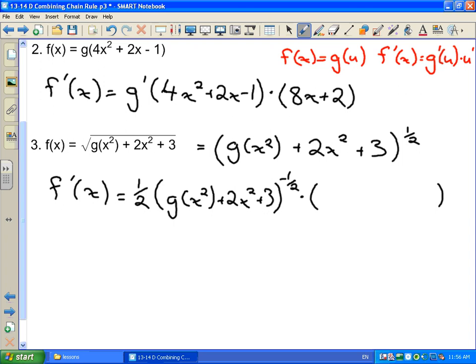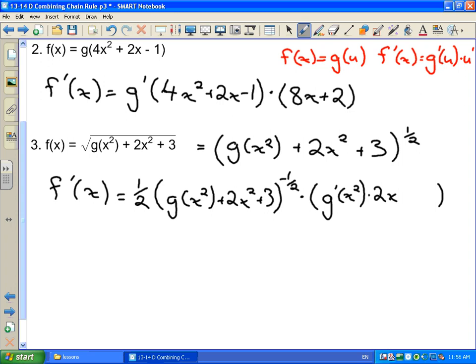To get that derivative, we need to use the chain rule because it's actually a composite function. So we can do that as g primed at x squared times the derivative of our inner function, which is 2x, the derivative of the x squared, right? Then that takes care of that first term.